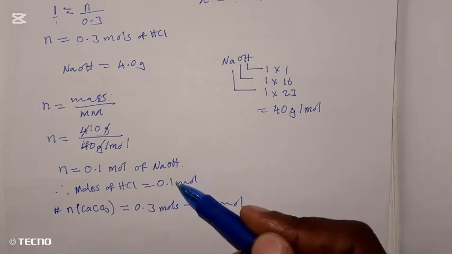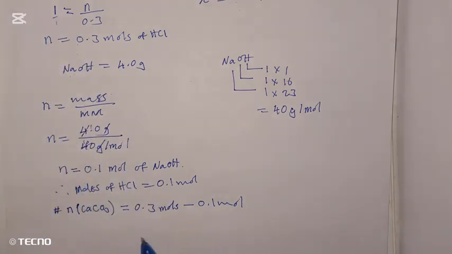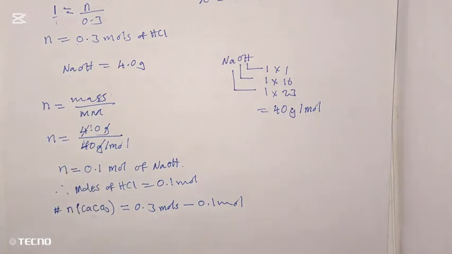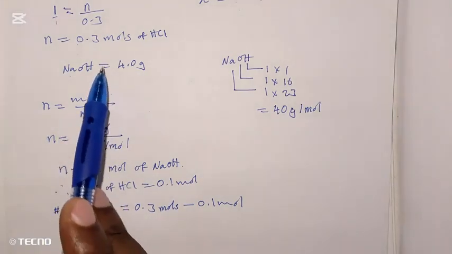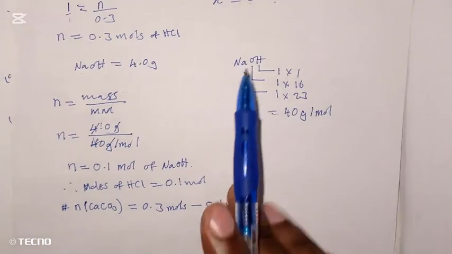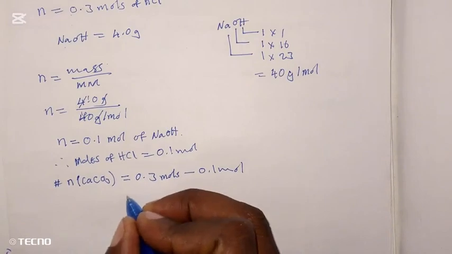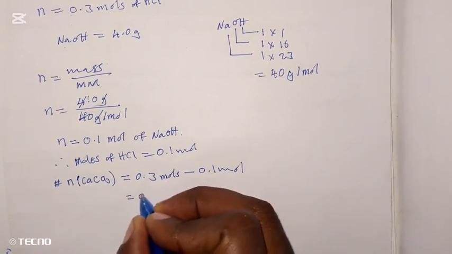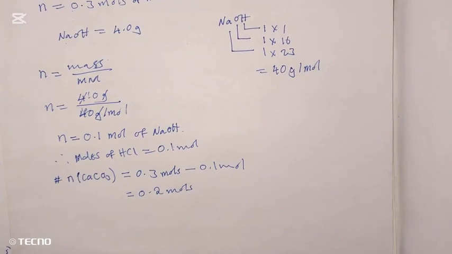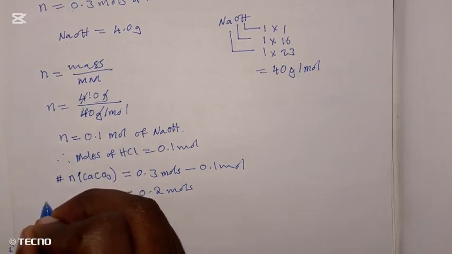The reason why we are subtracting this is because this 0.1 was the one which was in excess in order to react with sodium hydroxide. So the total number of moles here was 0.3 moles, and we are going to subtract 0.1 from 0.3 moles. This is the reason why I've written it like this. So here the answer will be 0.2 moles.